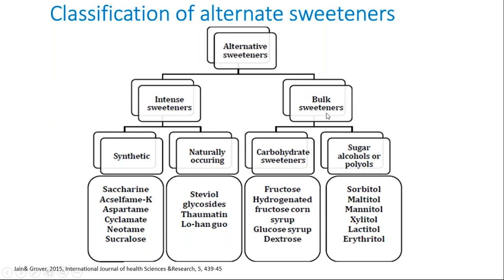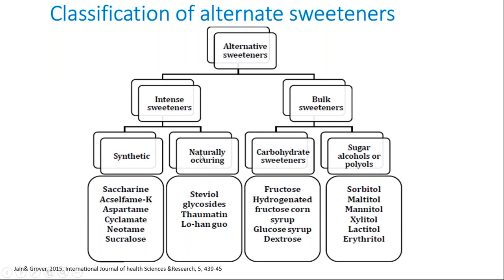Whereas the bulk sweeteners are sweet, but they are not sweeter than sucrose or sugar, and they do contribute to the nutritive value, where each gram of them has a lowered calorie content.